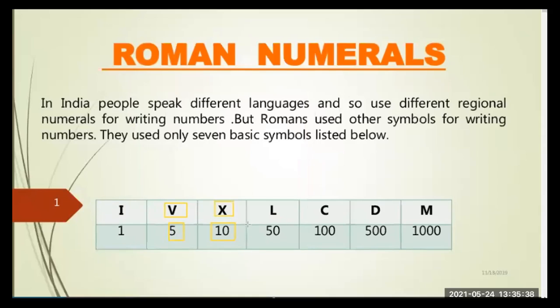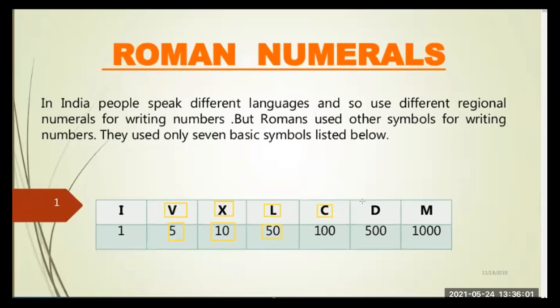Okay. Next you can see on your screen, that is 50. 50 we can denote with the help of L. If we write L, that means we are denoting the number 50. Next, if we write C, then that means we can denote 100.